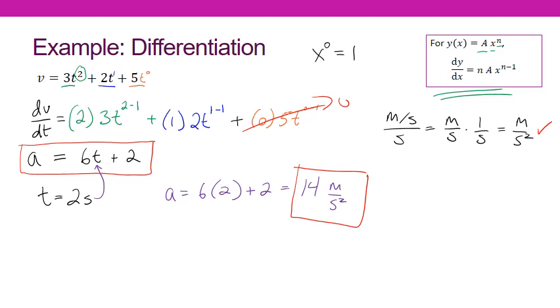And so if that was our function, our velocity has this function, then at 2 seconds, we would find that our acceleration is 14 meters per second squared.